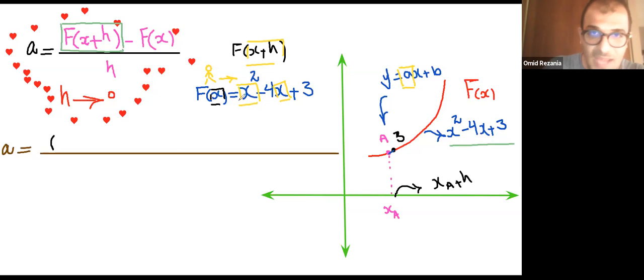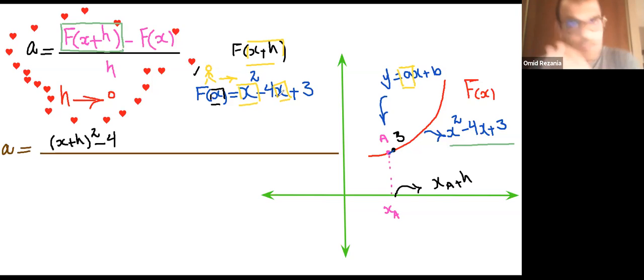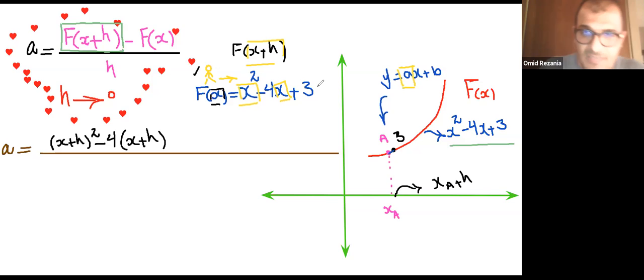It means that for x squared, I write x plus h squared. I continue towards the right. I see minus 4x. Then I replace the x with x plus h. I keep moving. I see 3. Does it have any x? No. I write it the way it is.